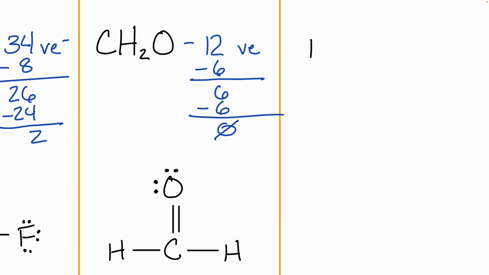So then one more for me for the sake of practice here. You're going to give me HCN. All right. For the sake of time, I will tell you that there are 10 valence electrons in hydrogen cyanide here.